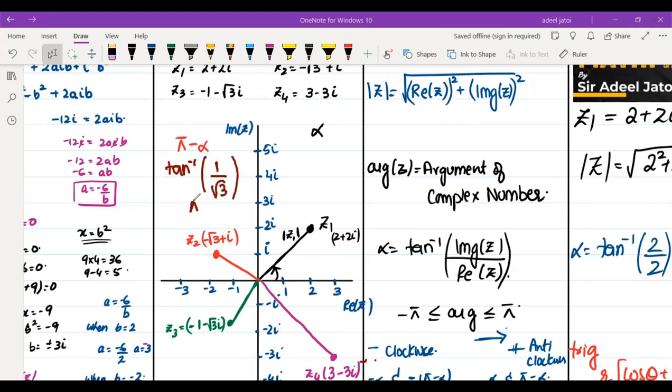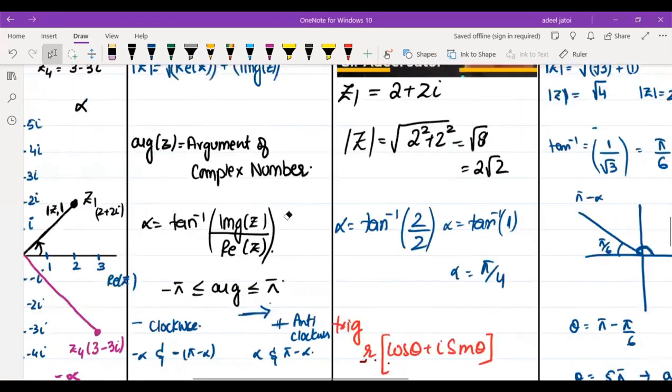So the answer was pi upon 6. But since it was negative, we are taking the second quadrant. So the second quadrant will always be pi minus alpha. So pi minus pi upon 6 will be 5 upon 6 pi. So the theta is 5 upon 6 pi for this particular question that we just attempted for Z2, minus under root 3 plus iota.